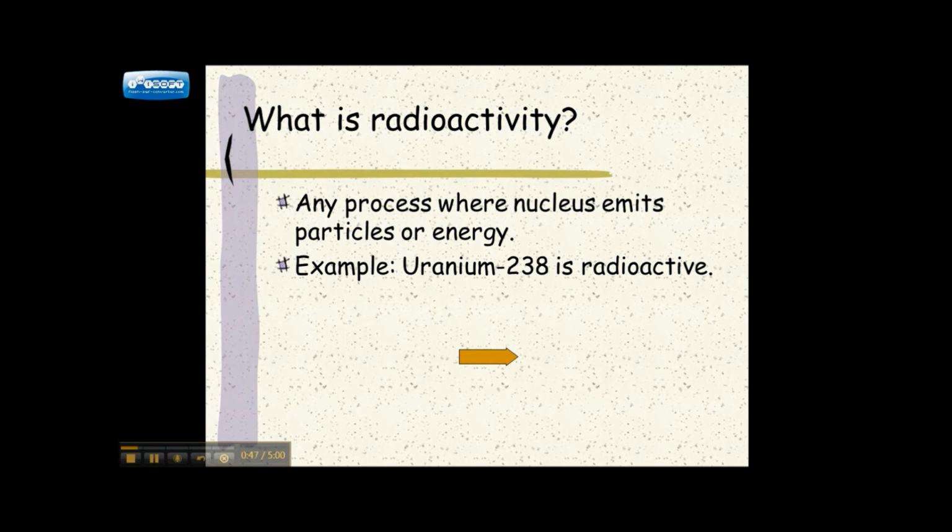Uranium is what is used in a lot of nuclear power plants. It's also what was in nuclear weapons, because there's so much energy released by the radioactive decay of uranium that you could harness it into either a weapon or actual energy to power cities and states. So uranium definitely emits radiation. And here radiation can either be particles or pure energy.